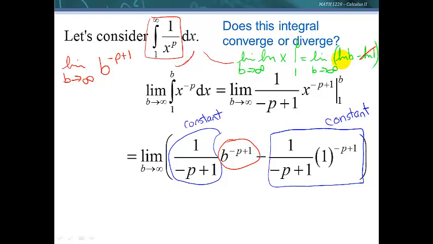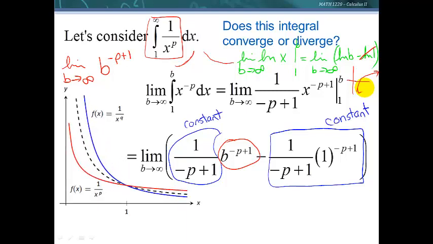And what does the natural log do as b goes to infinity? Well, I would just think of the natural log graph, and it's always increasing, so it's also going to go to infinity. So in the special case where p equals 1, that's sort of our line, but it diverges there as well. So as we look here, here is our graph when p equals 1, and that will diverge.